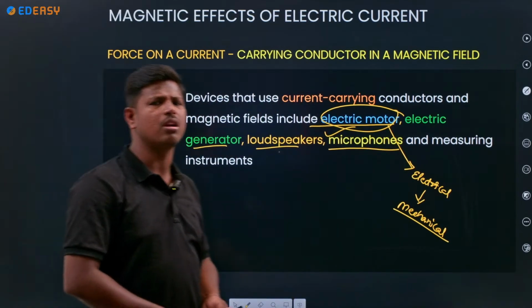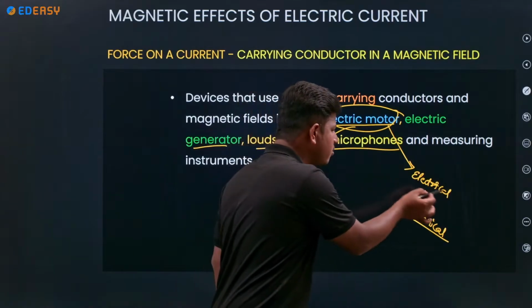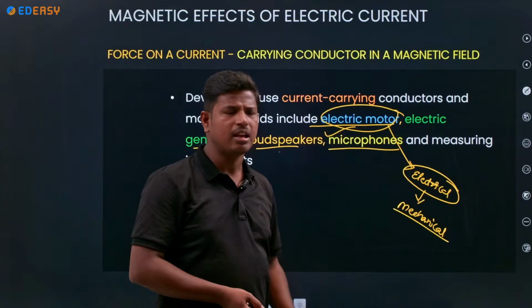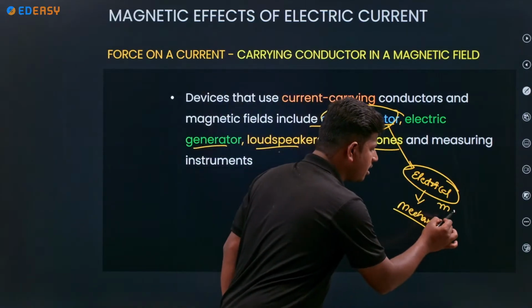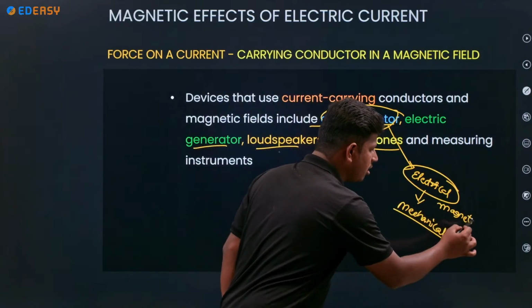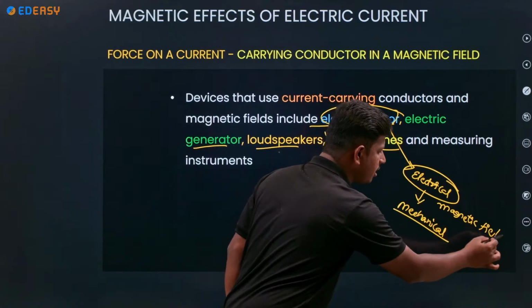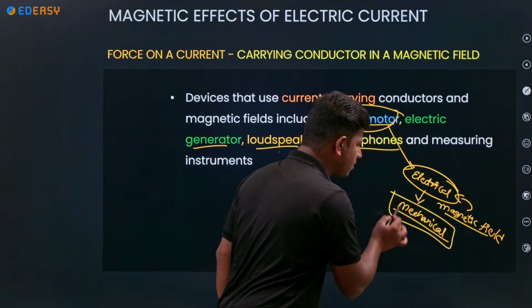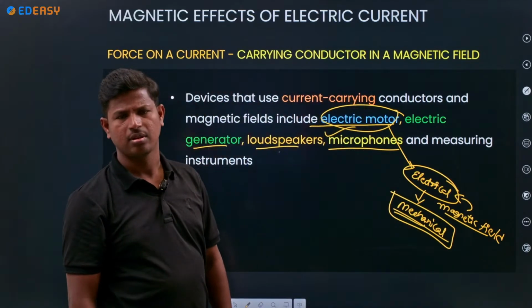What is the Fleming left hand rule? There is an electrical conductor in a magnetic field, and because of this magnetic field, the conductor experiences a force. That force we call the mechanical force.